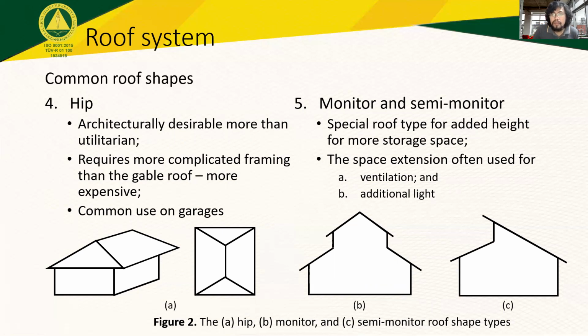Next is the monitor and semi-monitor, and this is a special type of roof that adds height to the building for more storage space. The space extension is often used for ventilation and additional light.